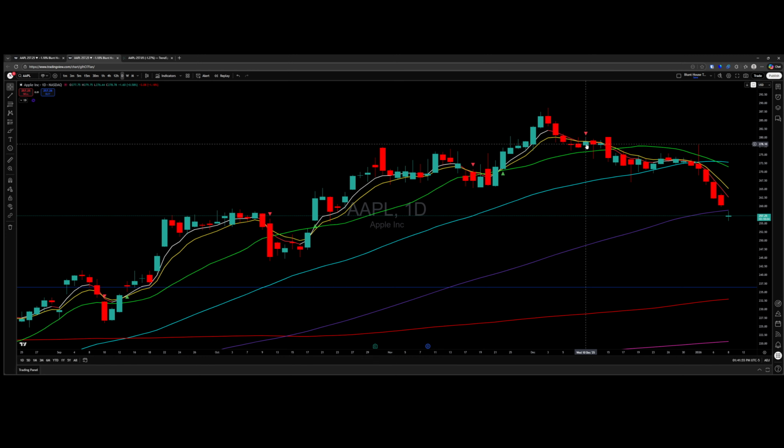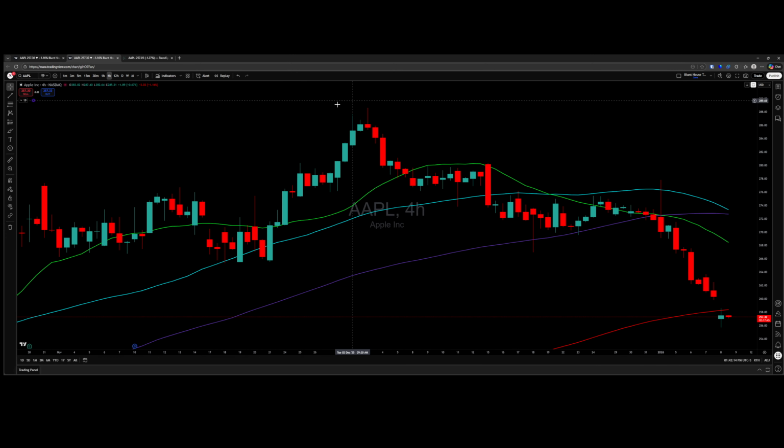There's your daily signal, and there's your 4-hour would have been up here. So by watching that 4-hour chart, and because Apple is one of the 5 things that you're charting on a regular basis, you're going to see that 4-hour signal at that top.